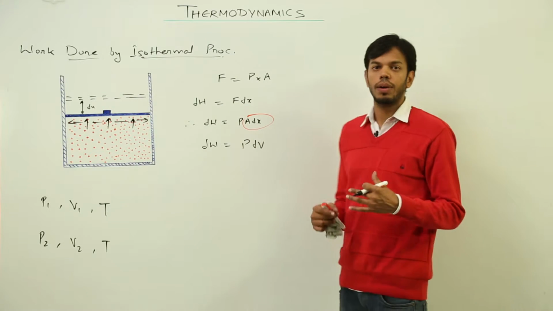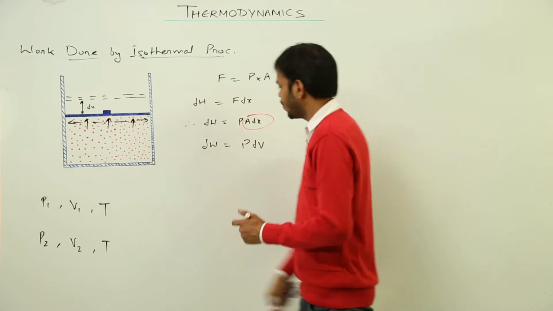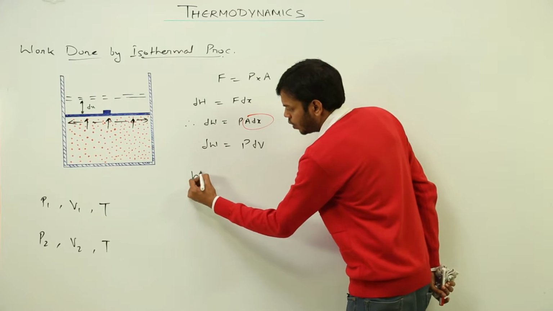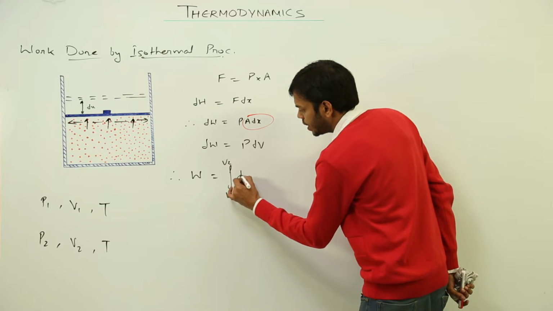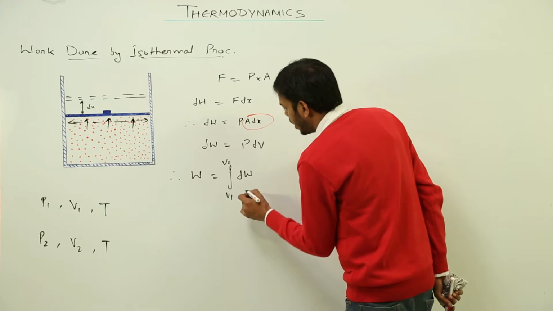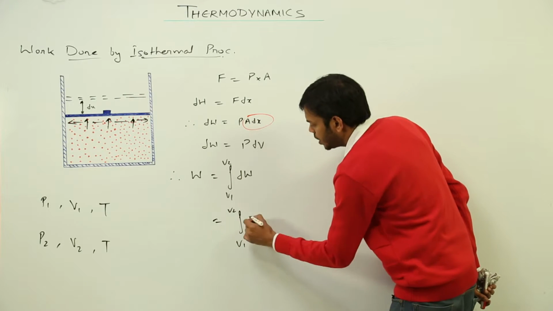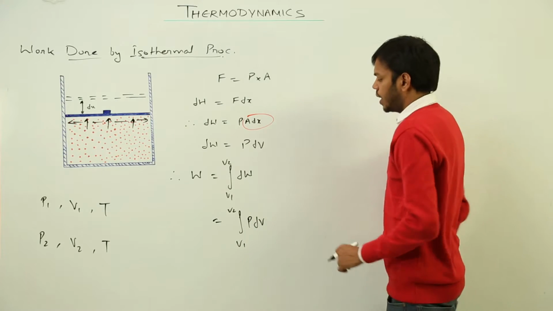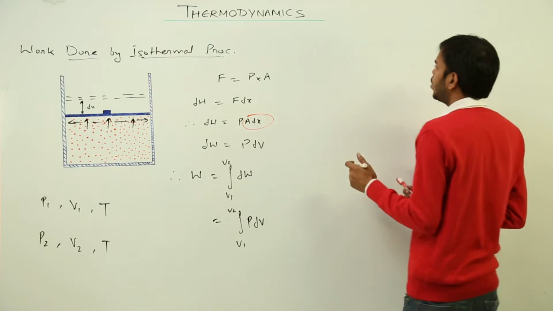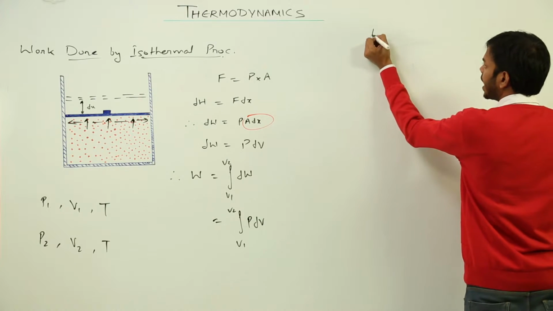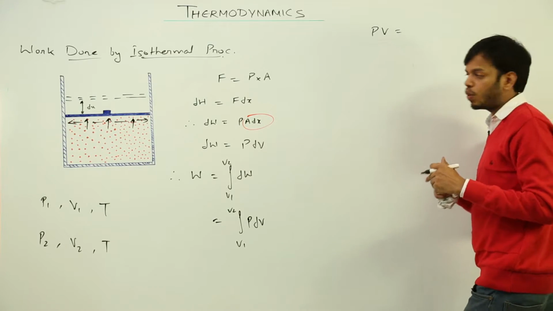So if I have to calculate the complete work done from V1 to V2, I'll just integrate it. Therefore, total work done is equal to the integral from V1 to V2 of dW, or instead of dW, the integral from V1 to V2 of P dV. Now, I can take P here. According to the ideal gas equation, we have PV equal to nRT. n is the number of moles.